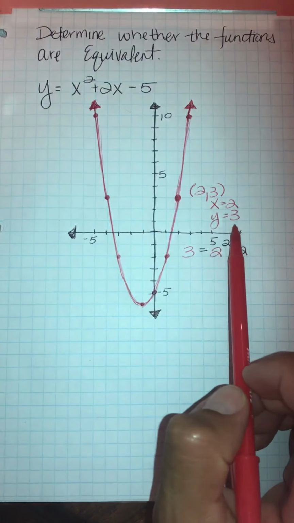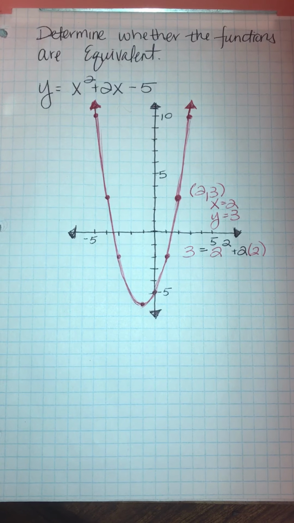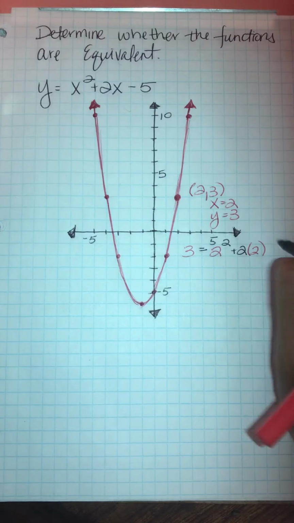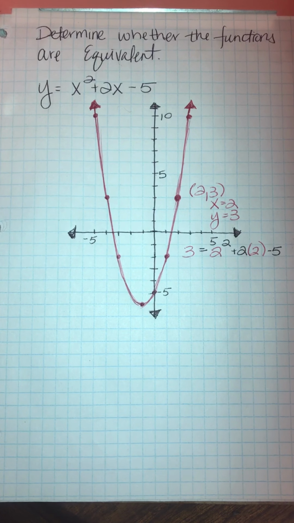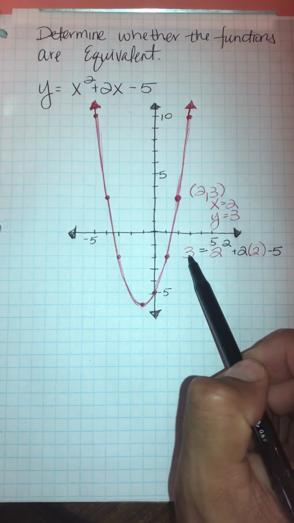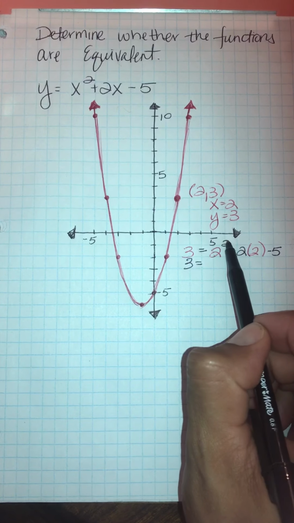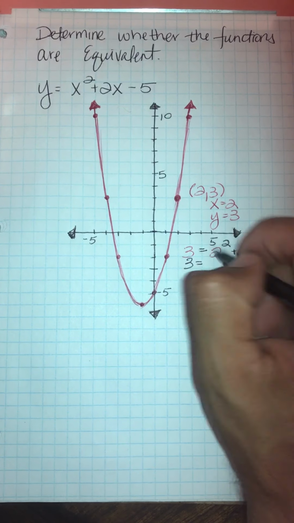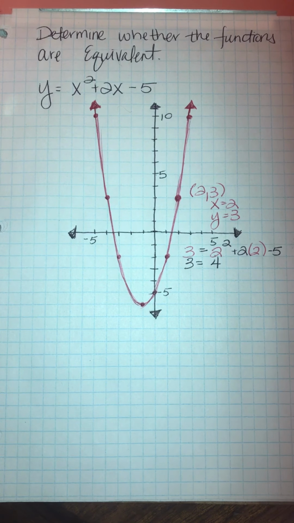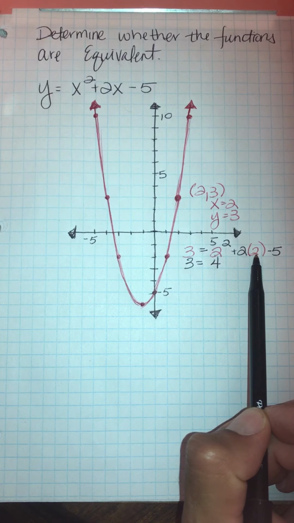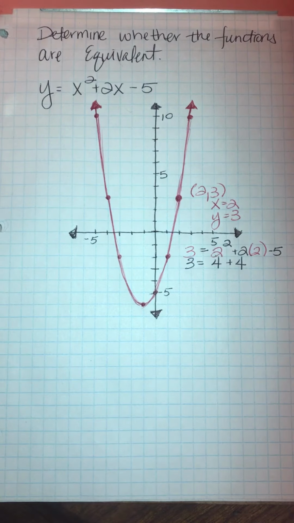Instead of the x, I'm going to plug in the 2. And then we have minus 5 at the end.